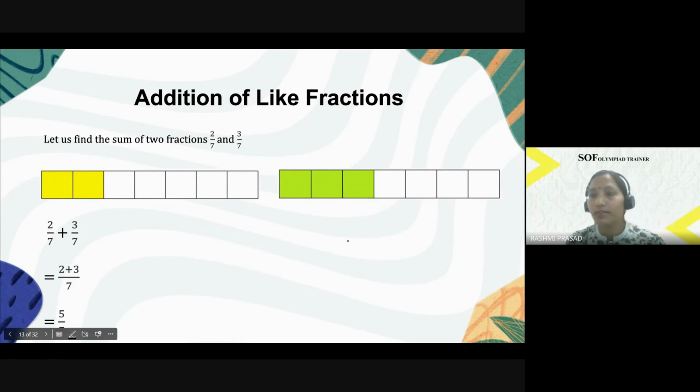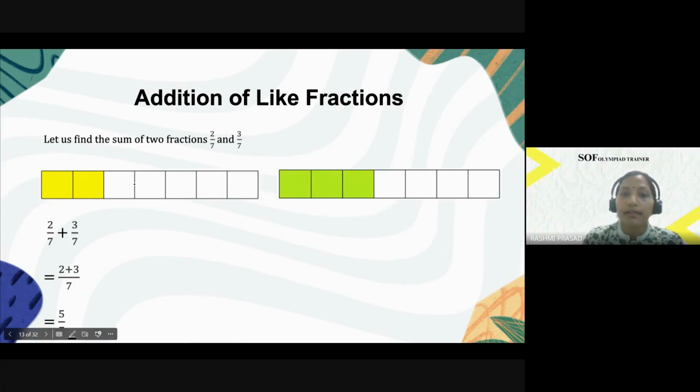In comparing, we checked the numerator, right? In addition also, you have to add the numerator, but first you have to make sure the denominator is the same. Then just add the numerator, only the numerator, no addition of denominator. Understood?